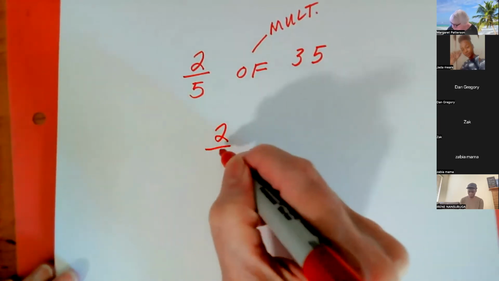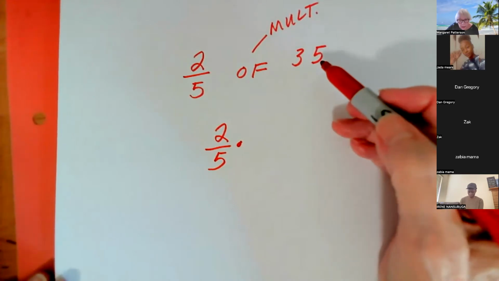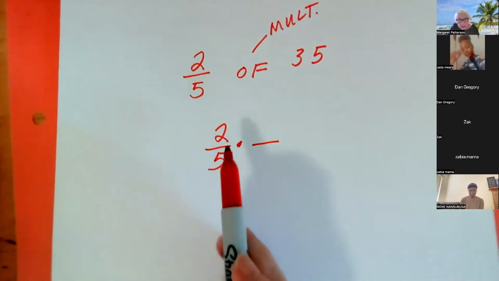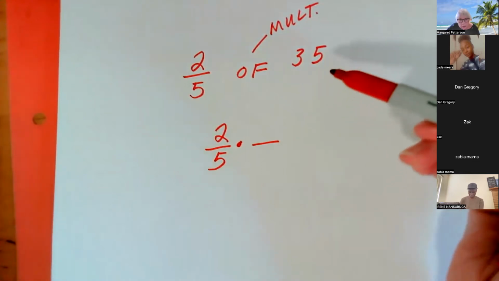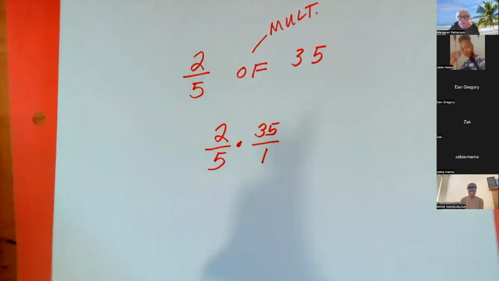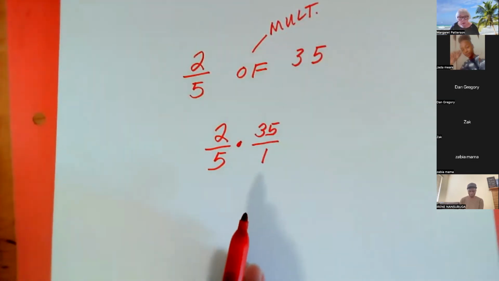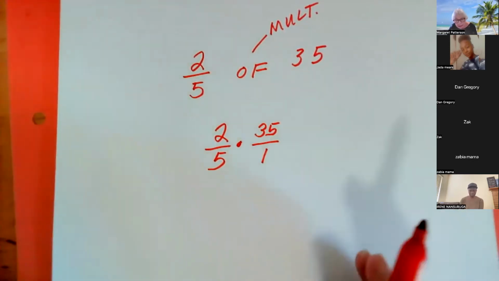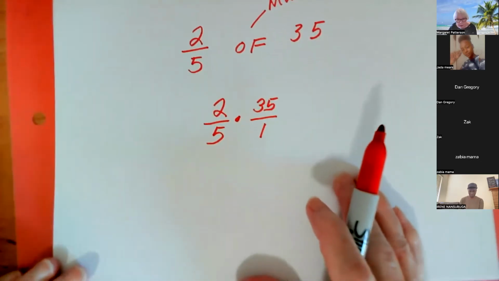So this is 2/5 times 35. Now remember, the best way to do multiplication is to have simple fraction, simple fraction. So 35 would then go to 35 over 1. So the word of turned into multiply, and 35 turned to 35 over 1. Now, if you cancel 5 into 35, you're going to have this answer.